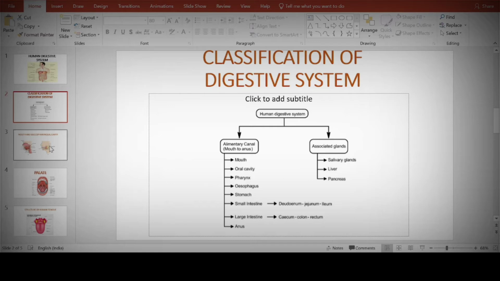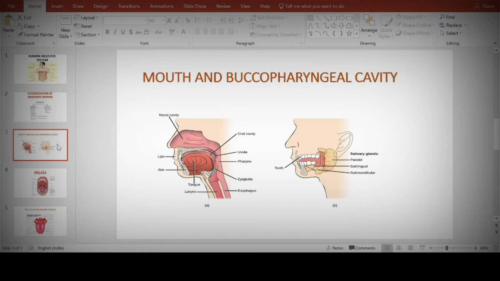Okay, so now we are talking about the mouth and buccopharyngeal cavity, as you can see in this portion. Mouth is nothing but a horizontal transverse slit. A slit is a portion between two that forms an opening.